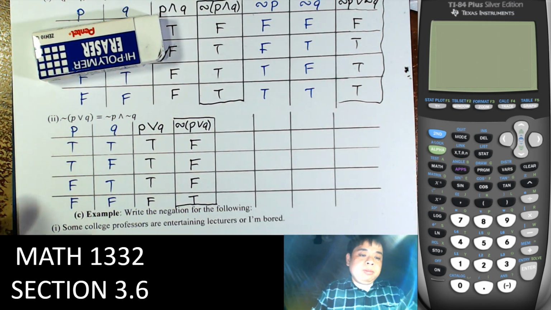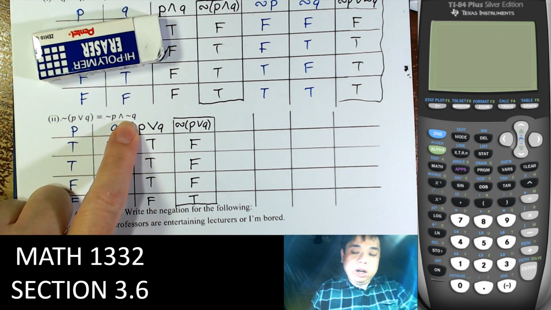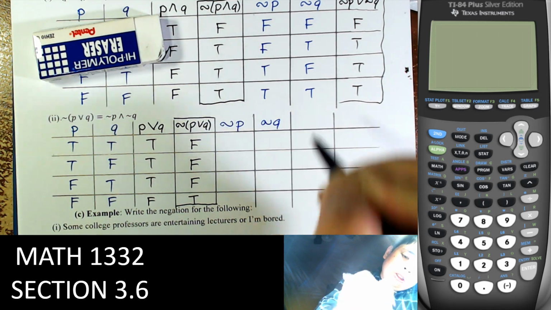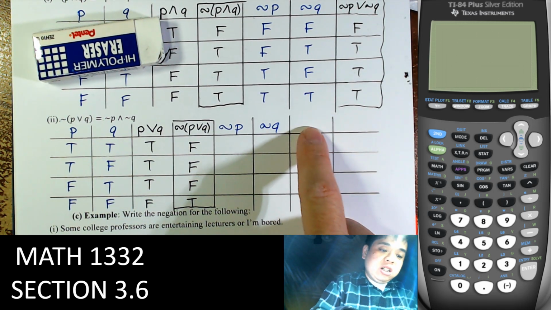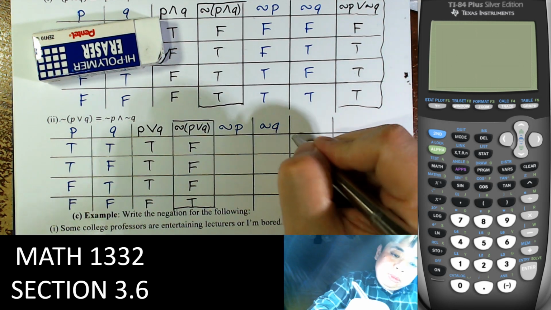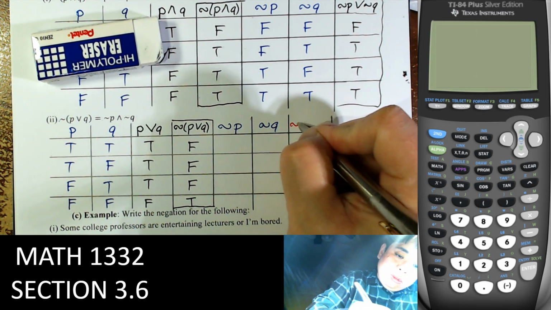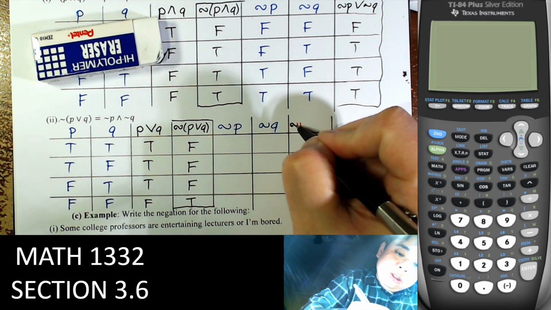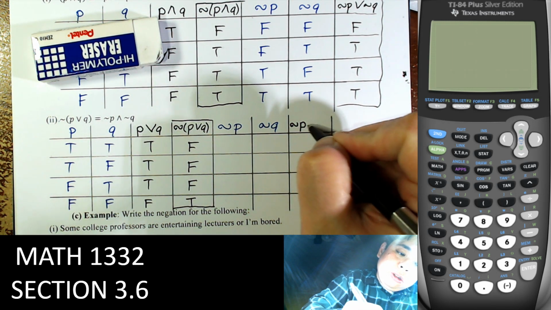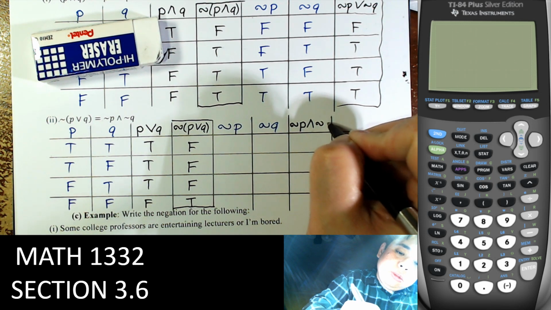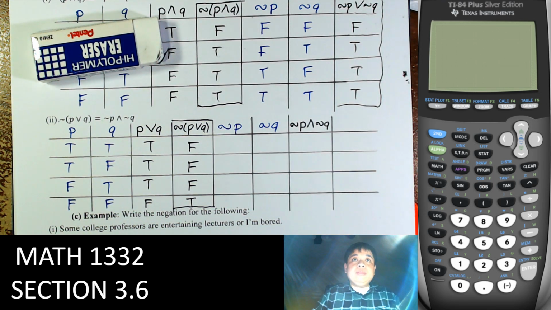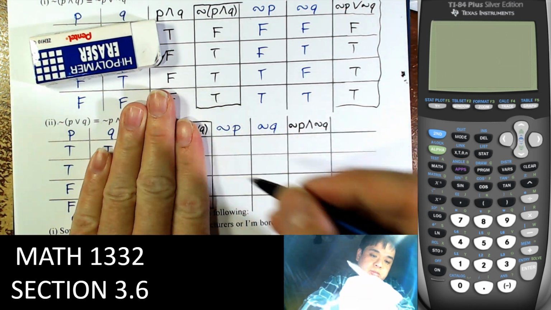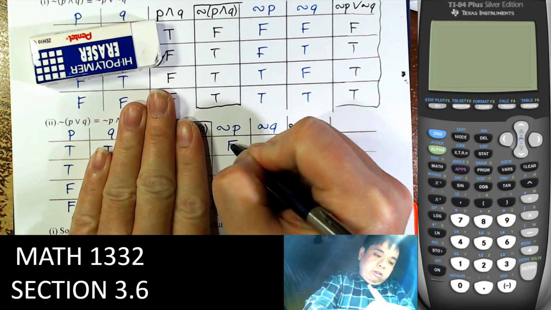Right, next we have negation of P, negation of Q first. And after that, we just need the conjunction. Not P, so P turns to opposite values, true to false.